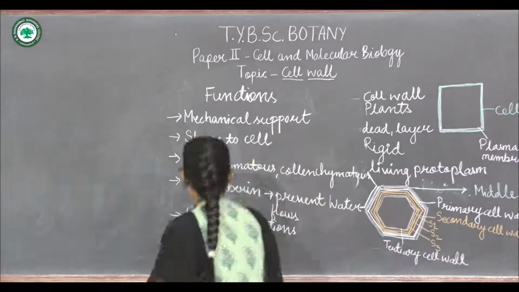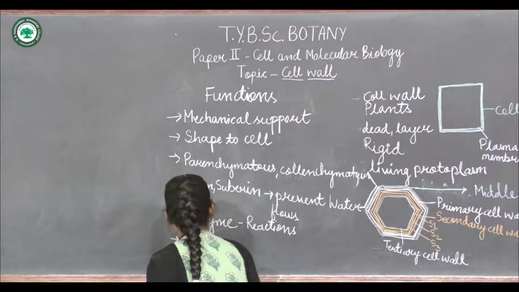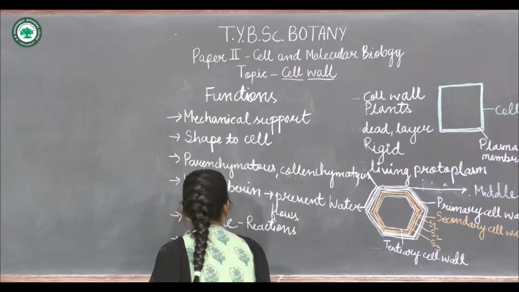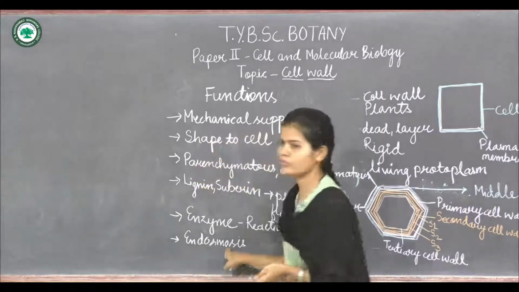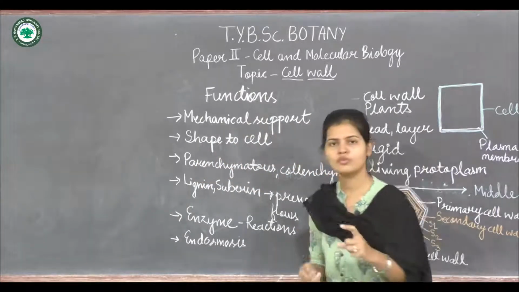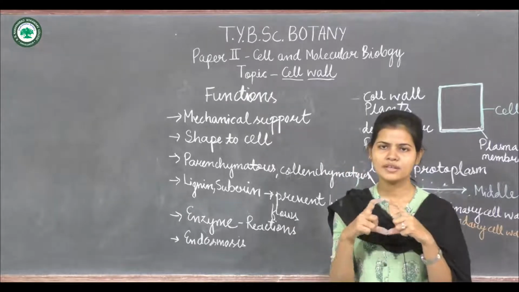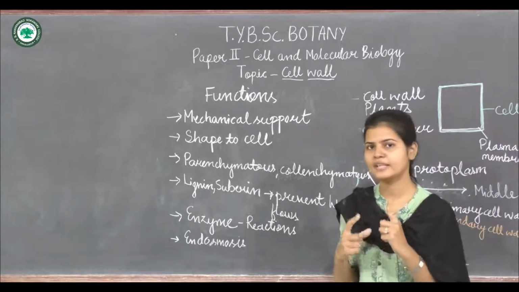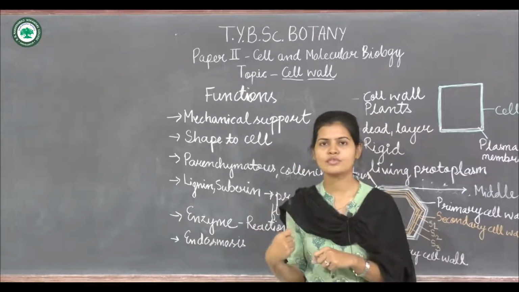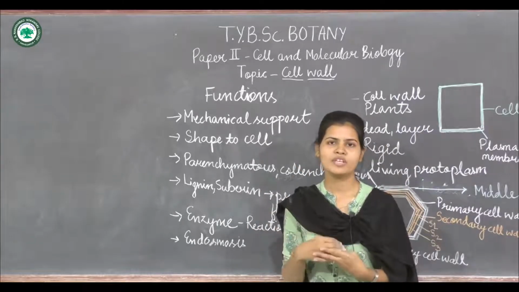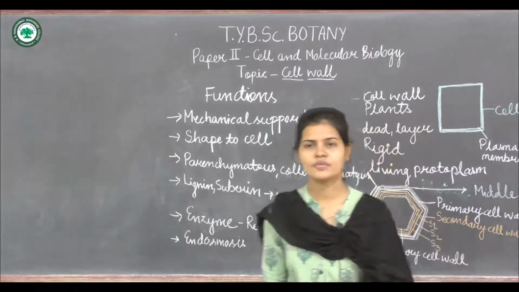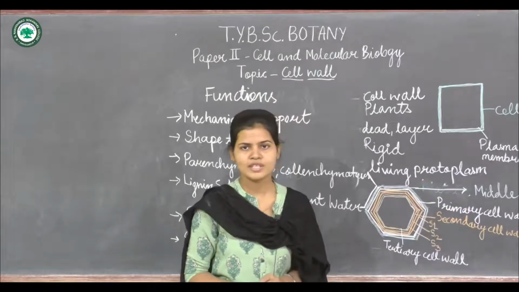So during endosmosis, when the cell absorbs water, the size of the cell will increase and it may burst, but due to this mechanical support, the presence of the cell wall prevents the cell from bursting. So this is about the functions of a cell wall and about the cell wall. Thank you.